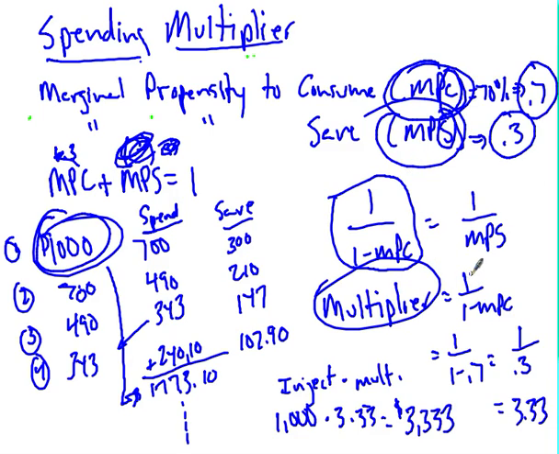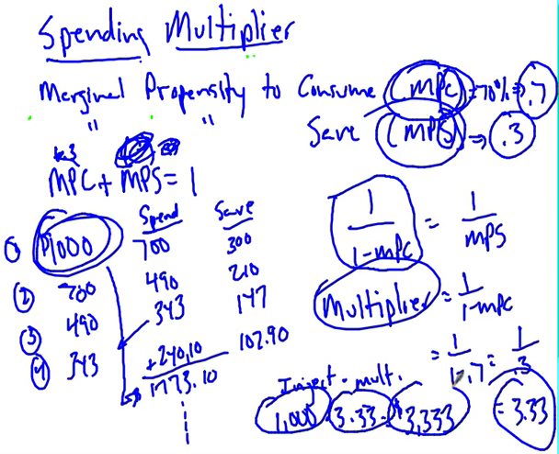The formula is 1 over 1 minus MPC, and with that, we get the multiplier value. When we get the multiplier value, we take the original injection times the multiplier, and that gives you the overall economic impact of either an increase in government spending or an increase in business investments. Okay, so that should be it.